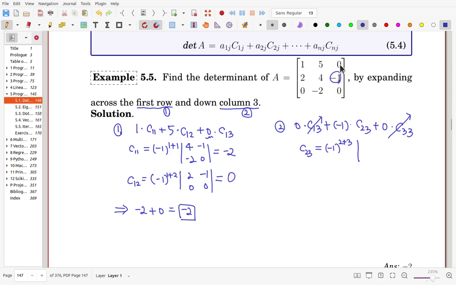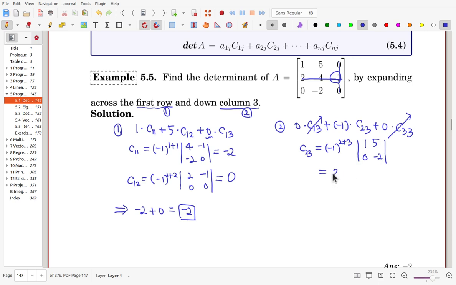For this entry, with its row and column eliminated, the remainder part is 1, 5, 0, -2. The determinant is -2 minus 0, which is -2.